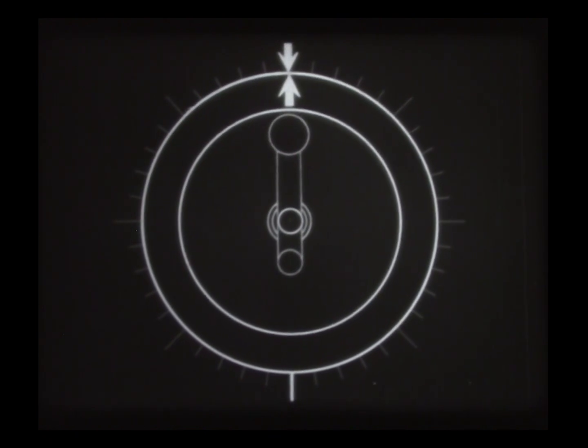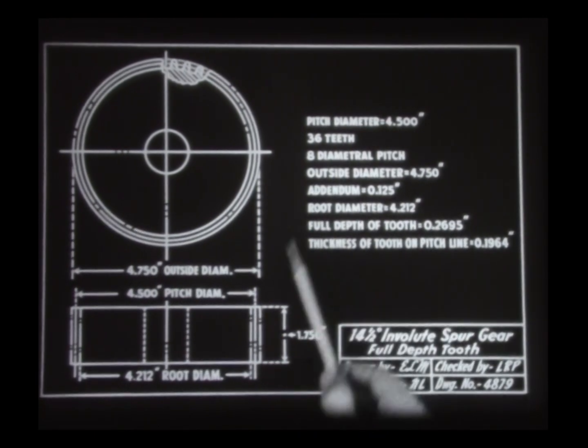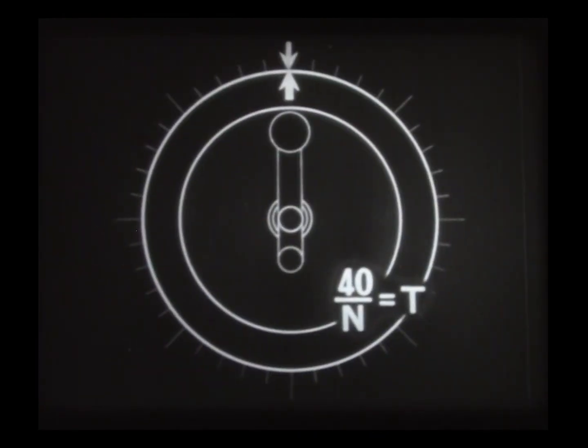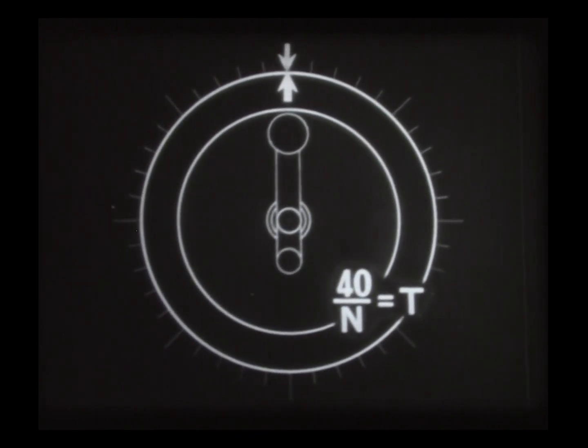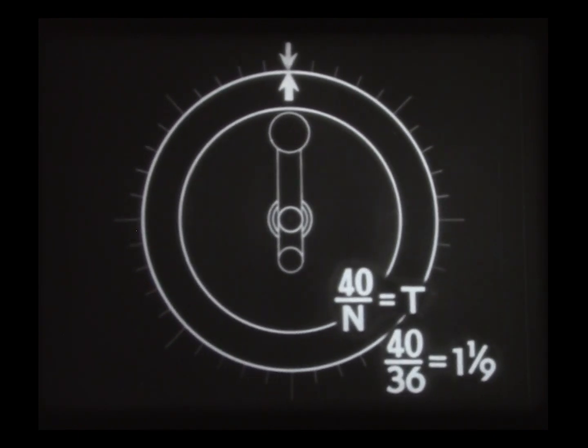Up till now, we have only considered making cuts in numbers that go into 40 evenly. But this job calls for 36 teeth, which means making 36 cuts. From the formula, 40 over n equals T, 40 divided by 36 equals 1 1/9 turns.